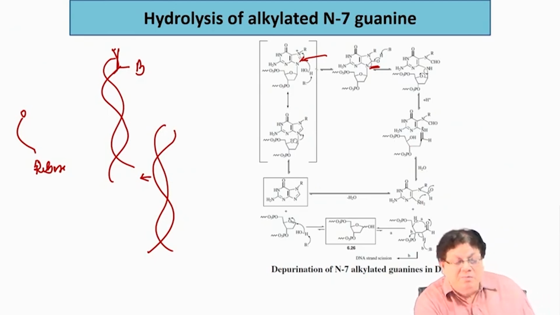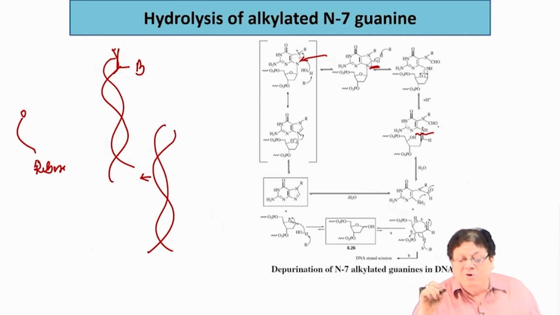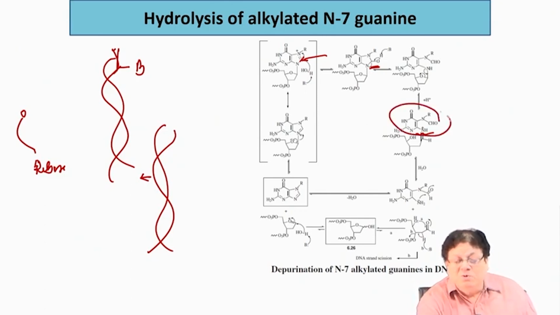Because see, if you look at the mechanism, first there is plus charge, water comes, so that the electron goes here, then this is an aminal, so this will become an aldehyde, and that will become a nitrogen NH, and then NH opens up the sugar, and this is an imine, and imine is hydrolyzed. So, basically the base goes out.